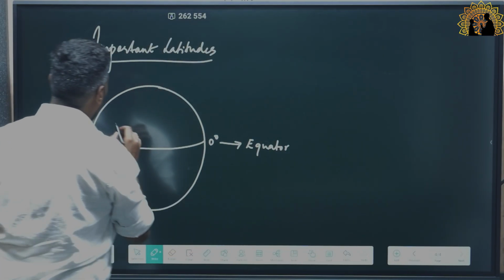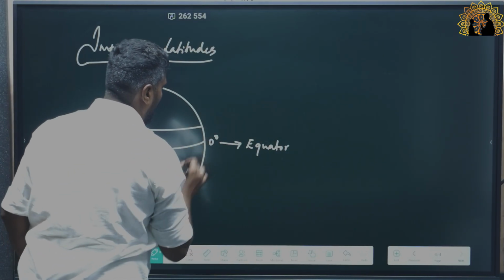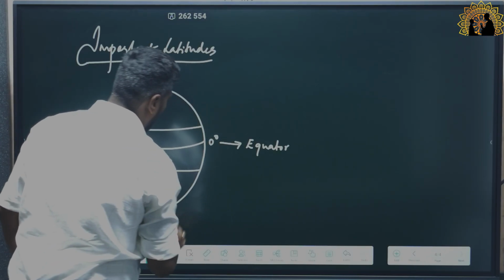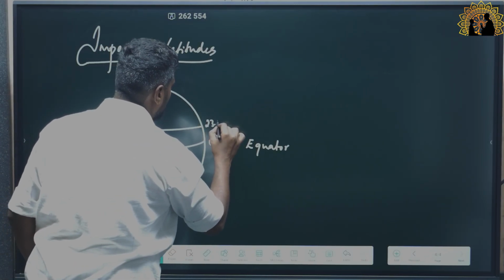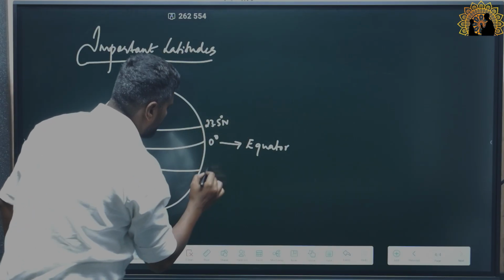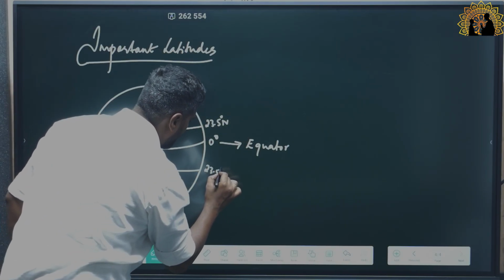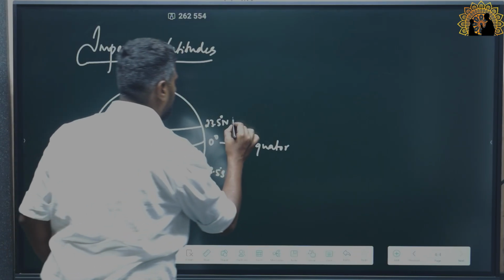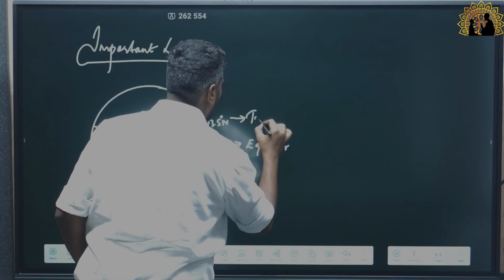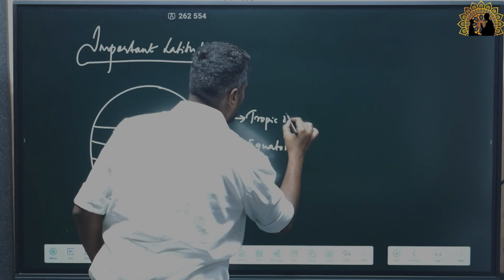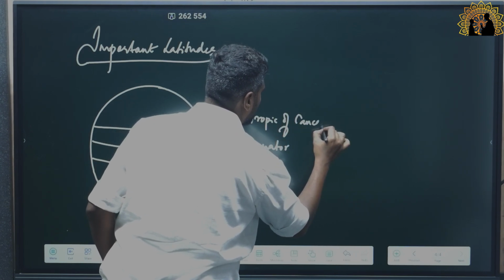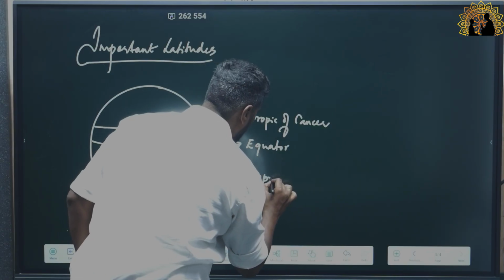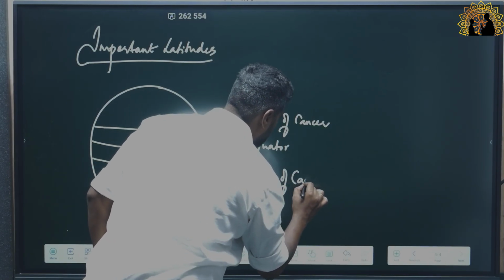Alright, next we take a latitude at almost 23.5 degree north, and similarly 23.5 degree south. So, two important latitudes. We call this one the Tropic of Cancer, and this one the Tropic of Capricorn.